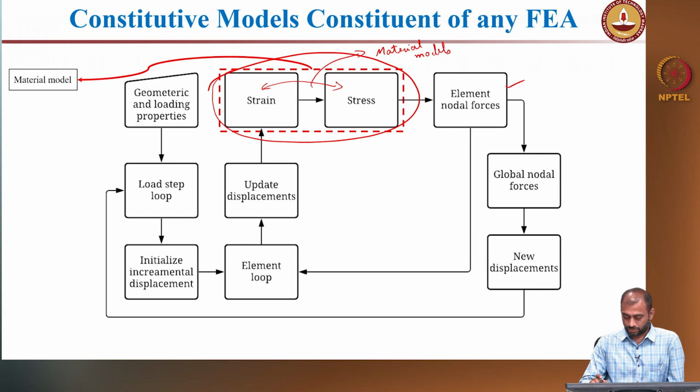This numerical tool uses a mathematical framework which models the geomaterial response. In any finite element framework, whether you are using tools like Plaxis or Abaqus, whatever tools you are using, the key part of any numerical scheme is the constitutive model which you are choosing.